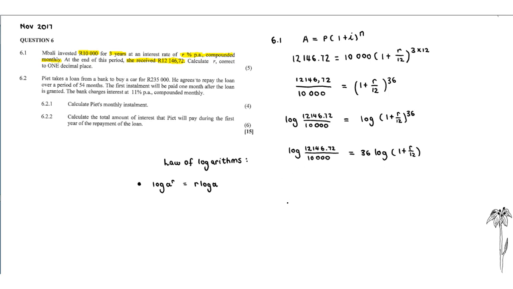Now that I've done that, I can divide the left hand side by this 36. So I'm going to have log of 12,146.72 over 10,000, all of this divided by 36, and what I'll have on this side is the log of (1 plus r divided by 12).